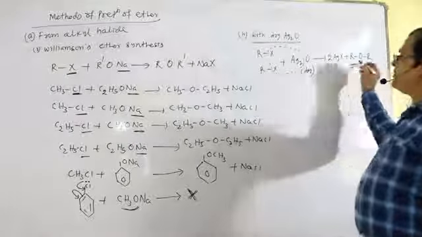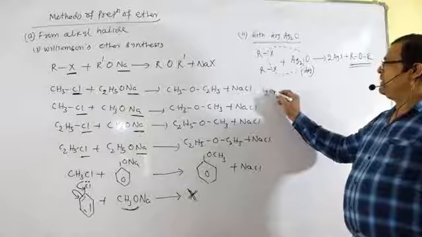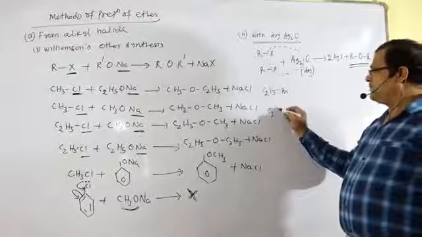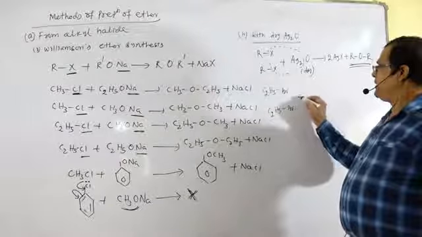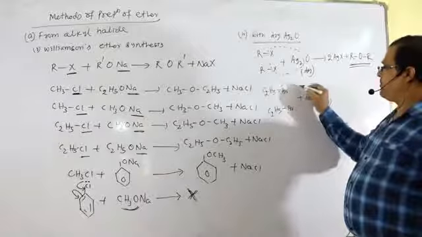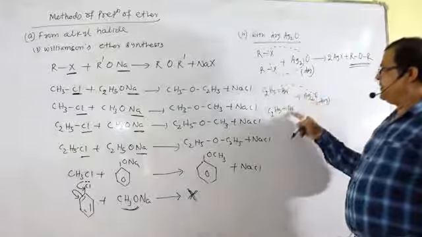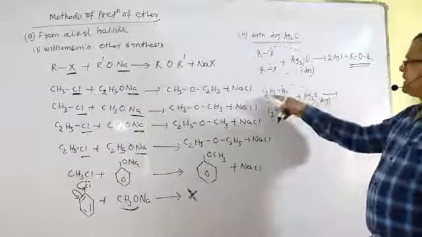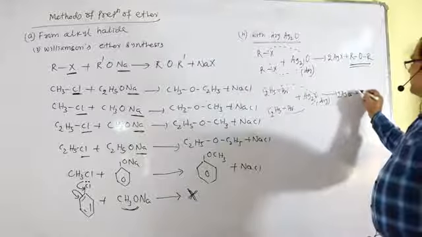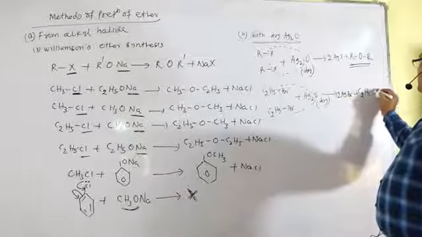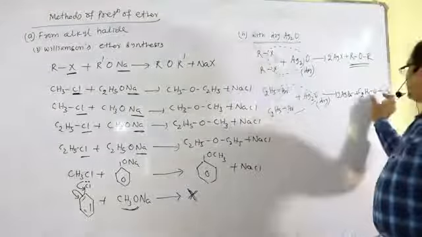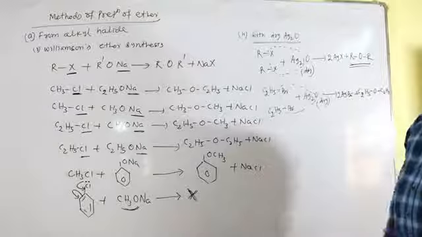For example, C2H5Br, ethyl bromide, treated with dry Ag2O gives AgBr and C2H5OC2H5, that is diethyl ether, or ethoxyethane.